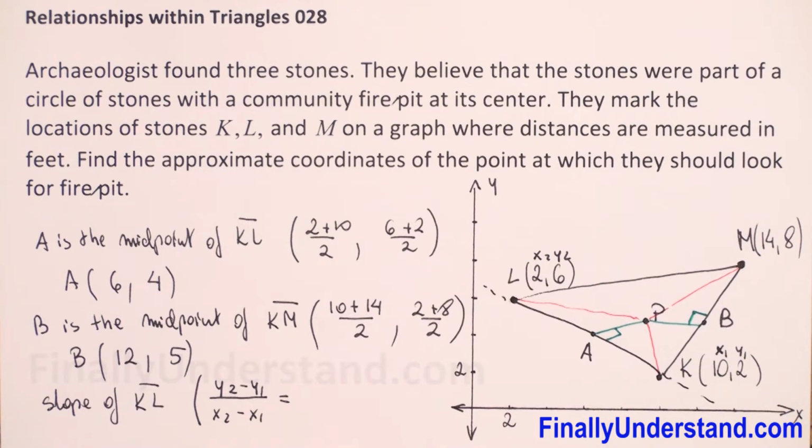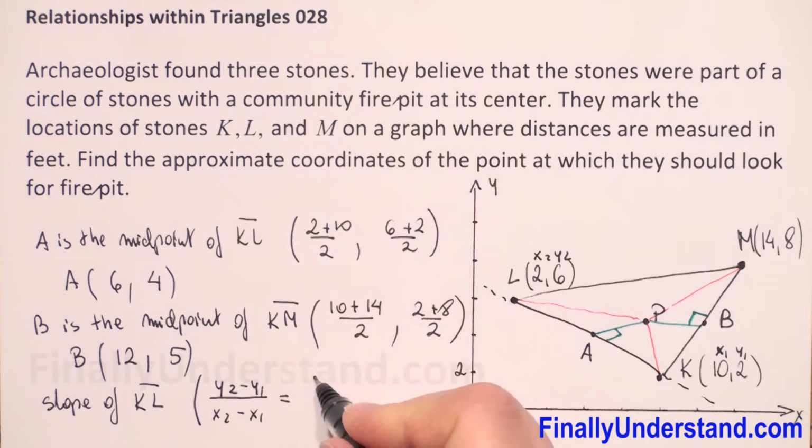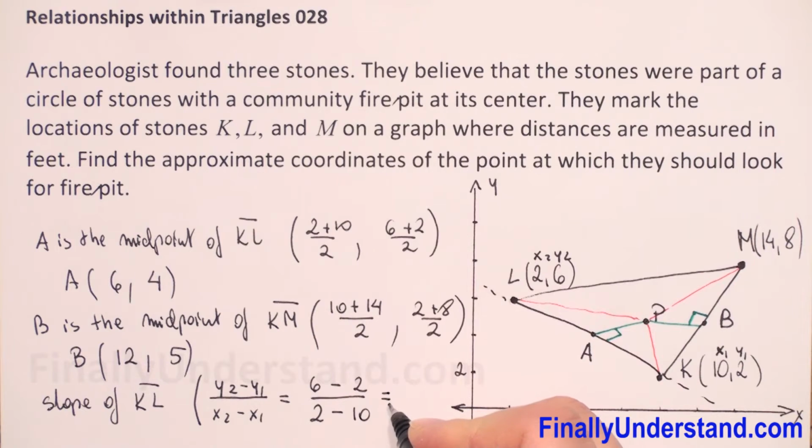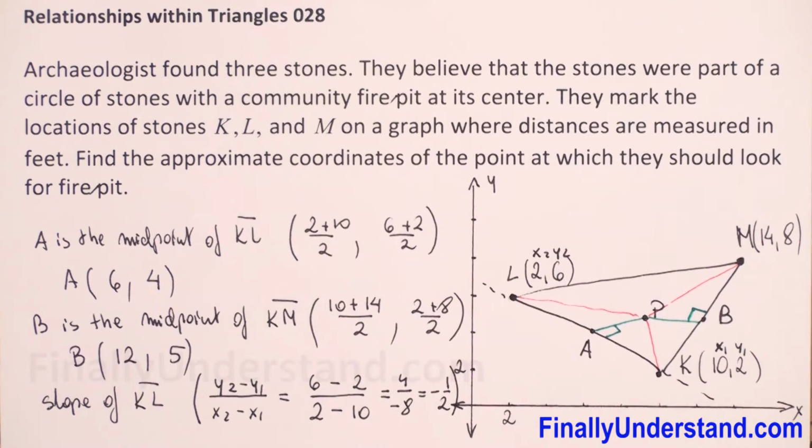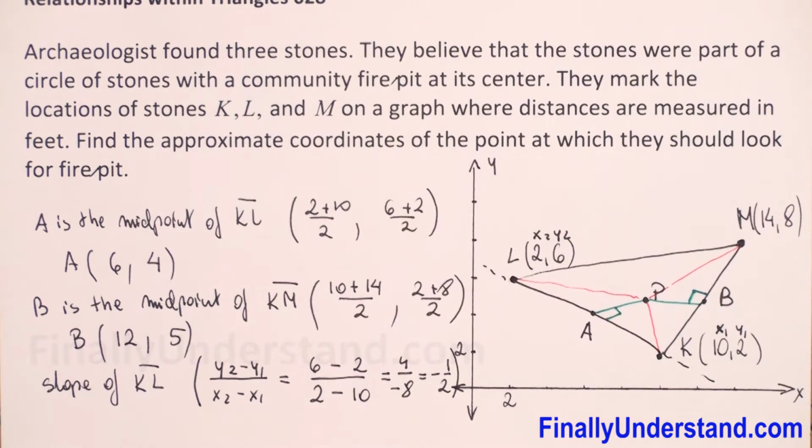So the slope of line KL will be y2 is 6 minus y1 is 2 over 2 minus 10. So this is equal to 4 over negative 8. So this is equal to negative 1/2. So we have the slope of line KL.